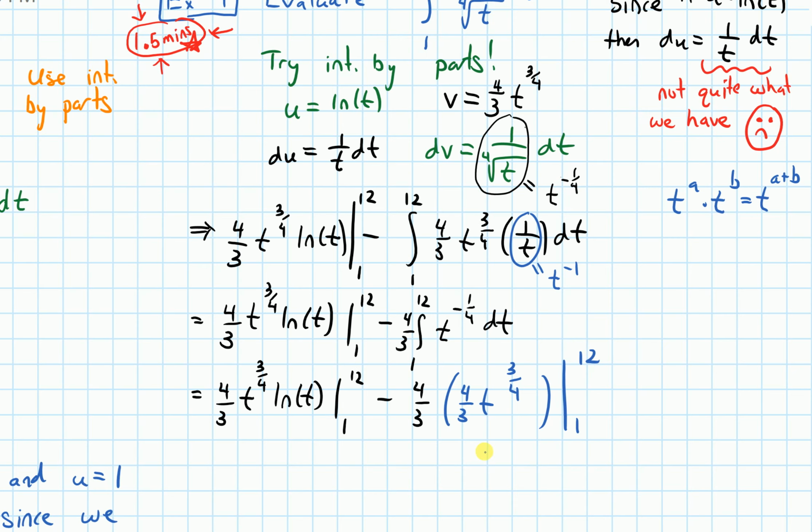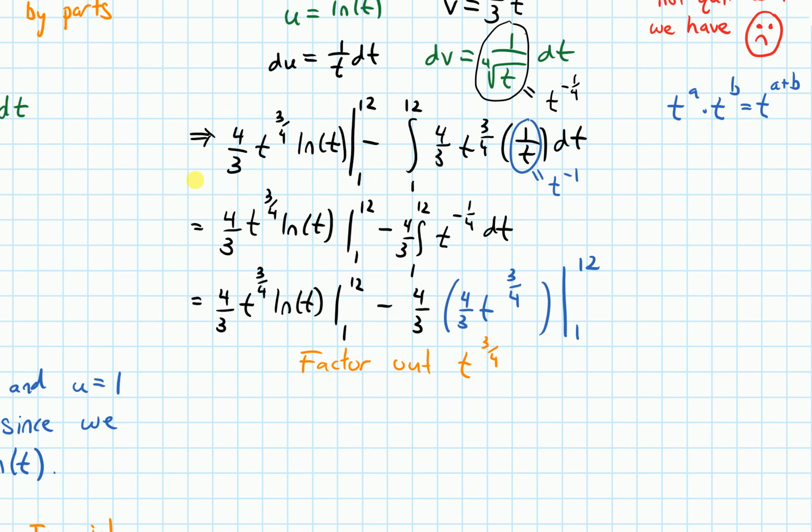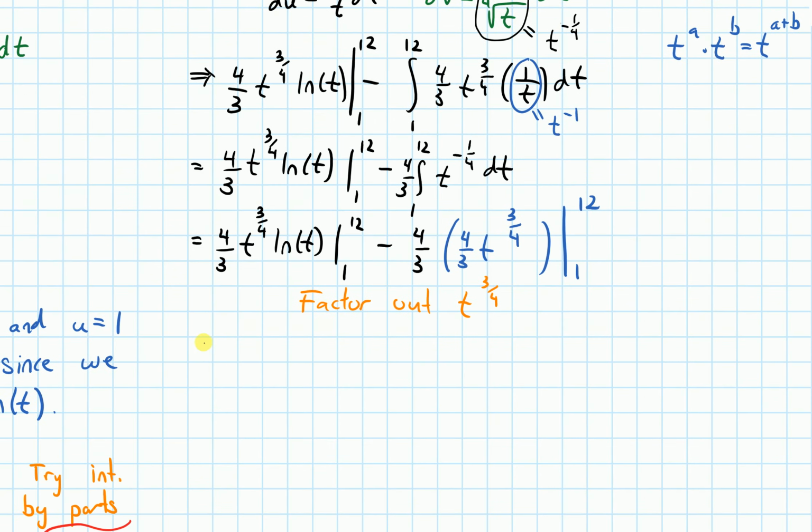So one thing that can help the algebra here before I plug in is to notice that both of these terms have this t to the 3/4. So let's factor that out. It'll just make the algebra a little bit easier. So this is going to be equal to t to the 3/4.